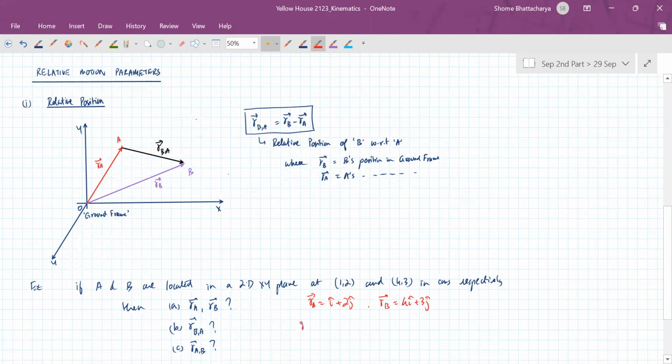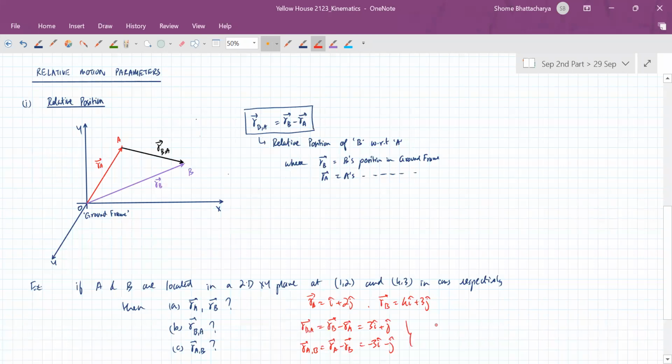Therefore, the position of B with respect to A, given by the formula RB minus RA, will become this minus this. So that is 3i cap plus j cap. And similarly, the position of A with respect to B will be minus 3i cap minus j cap.